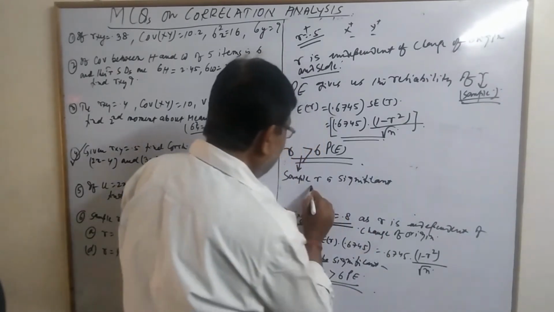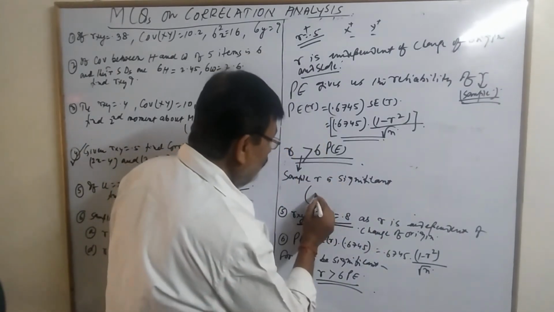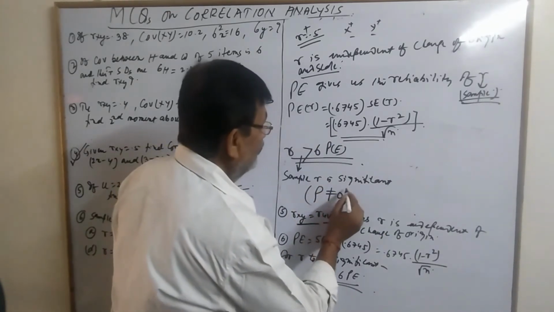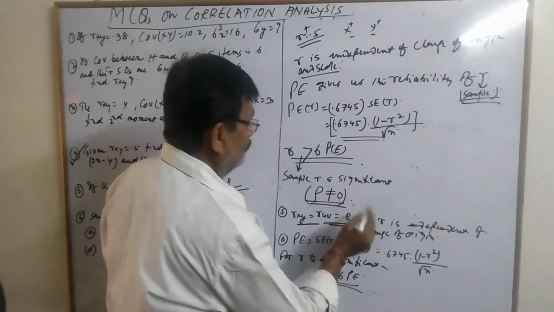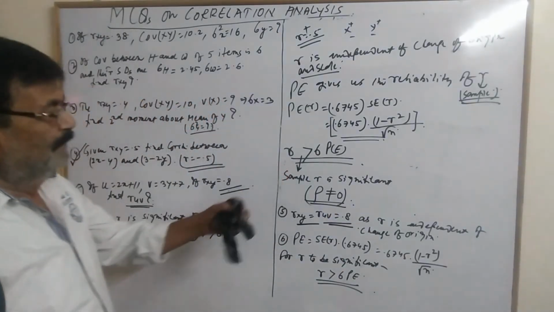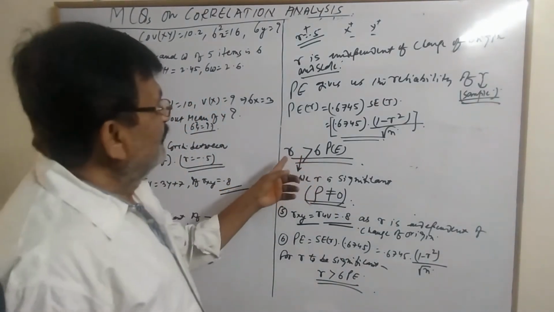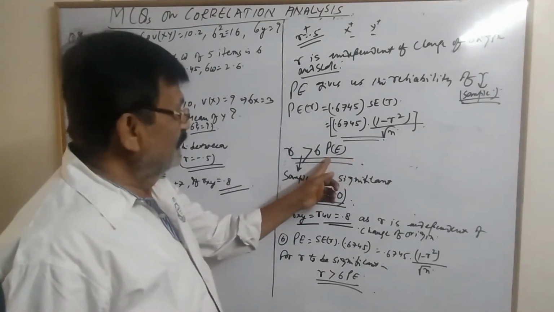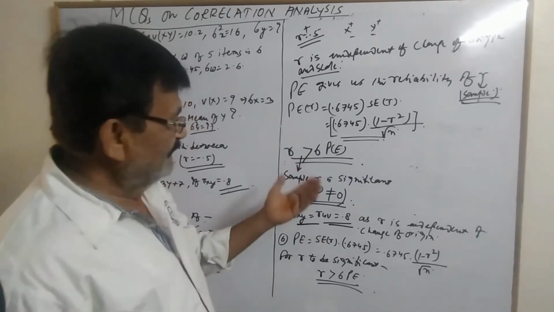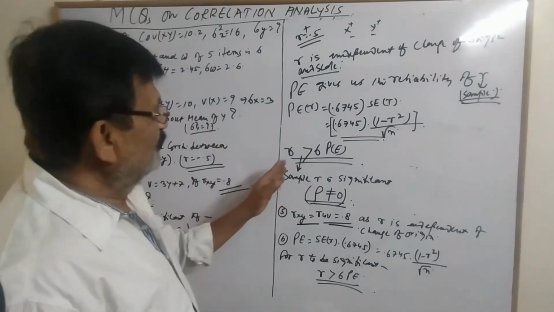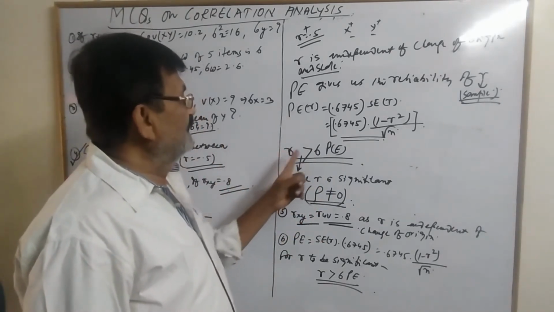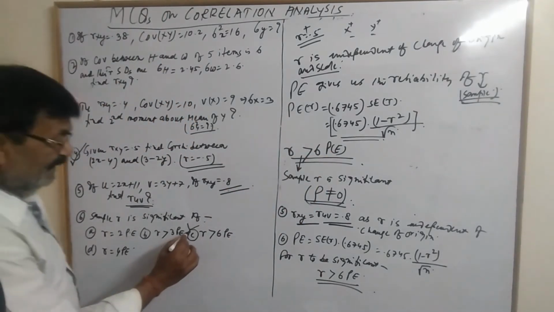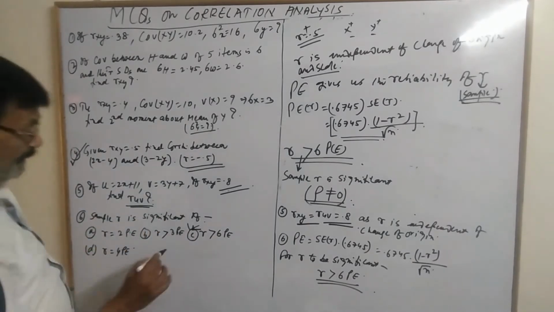This means that in the population, and population R is denoted by rho, rho is definitely not 0. So this is how we find out the significance of R, and when R is compared with this probable error, we get whether it is significant or insignificant. So R becomes significant if it is greater than 6 times of probable error. So this would be the answer.